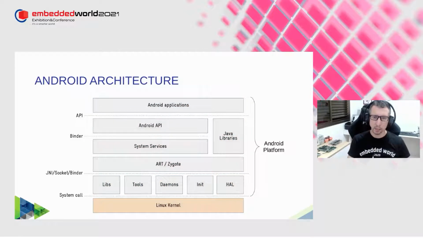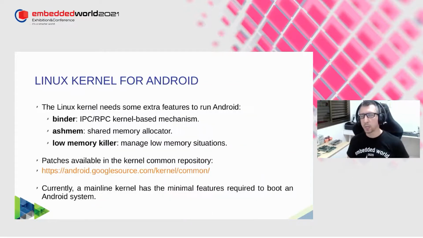Let's start talking a little bit about the kernel. Android is built with the Linux kernel, but to run Android, you need a few extra components. Today, it's already integrated in the Linux kernel, so it's possible to boot an Android system with a mainline kernel if you configure it in the right way.